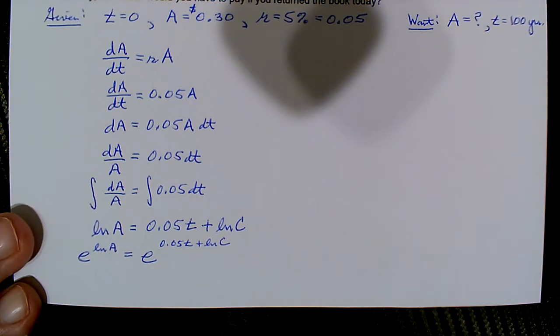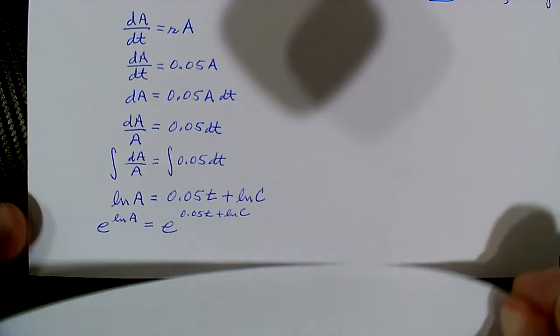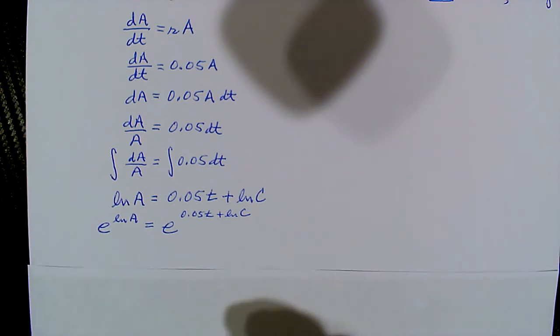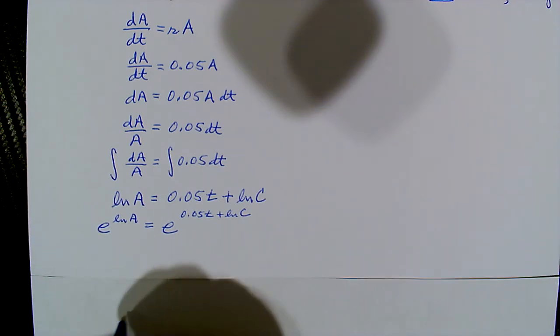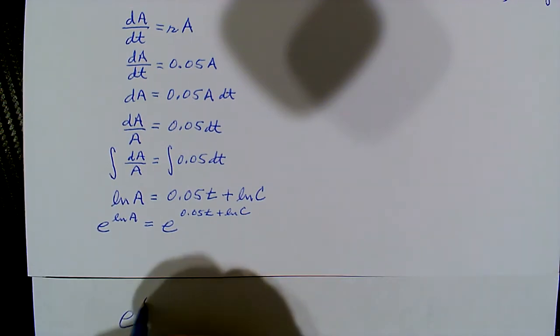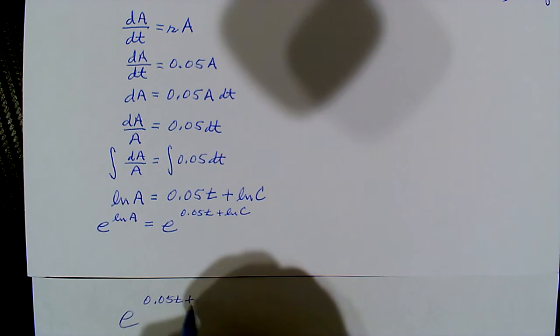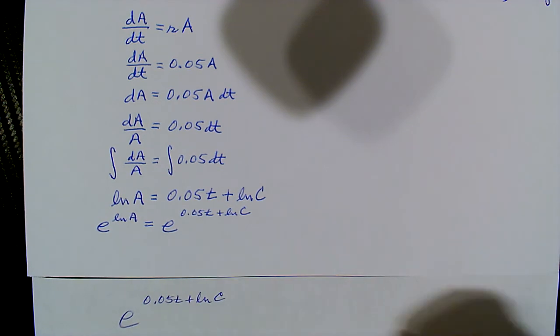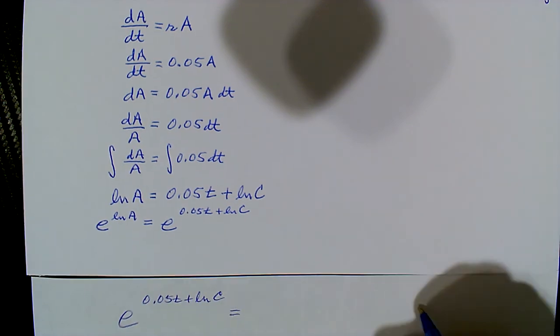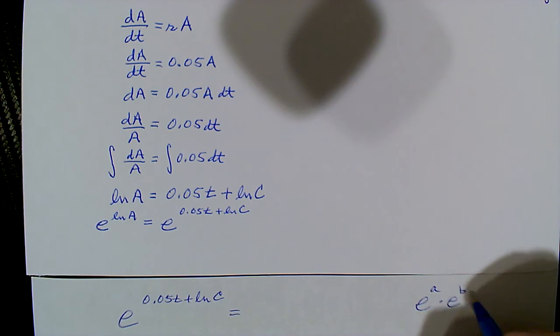Okay, let me break out some scrap, because we're going to see this so often that we just want to skip this step in the future. That is that e to the 0.05t plus the natural log of c can be thought of as follows. We've mentioned this more than a few times already.